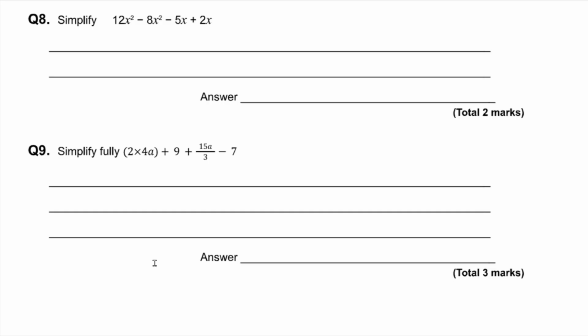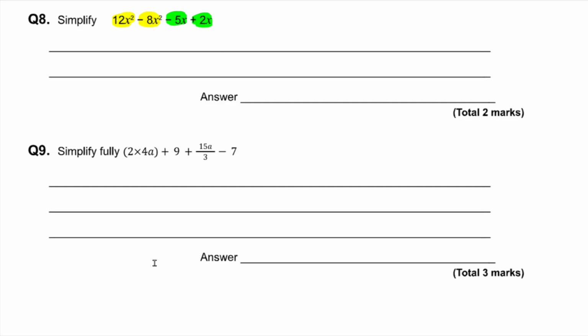Question 8, simplify 12x squared minus 8x squared minus 5x plus 2x. Now, all the terms have got x in, but some are squared and some are just normal x's. So if they've got a square in it, they're a different type of term from the singular x's. So I've got two types of term here. I've got terms in x squared and I've got terms in x.